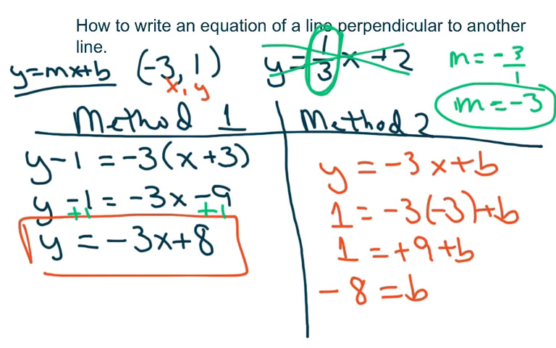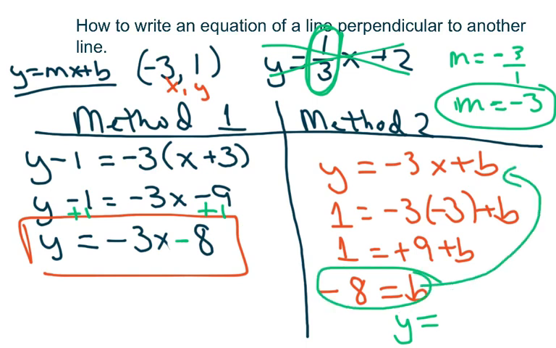That's really -8. You all probably already noticed that. Okay, so now we're plugging this back into the original: y equals -3x minus 8. And that's why sometimes I like method 2 better. Personally, I probably make more mistakes with method 1, but we're going to do both methods.